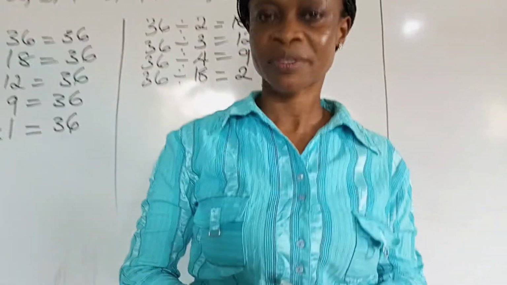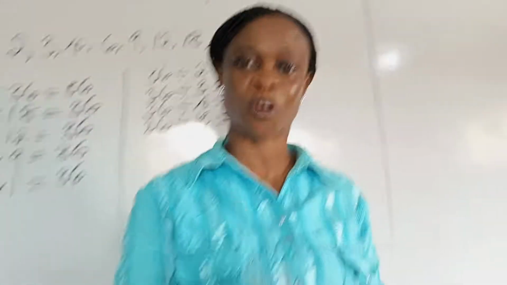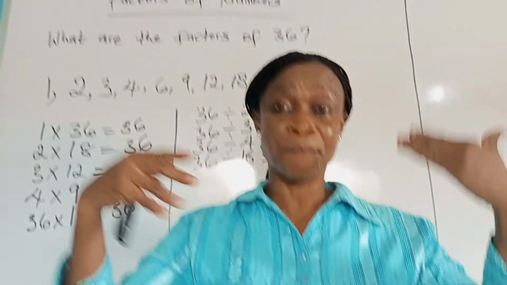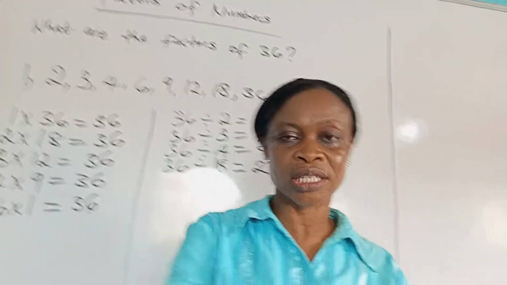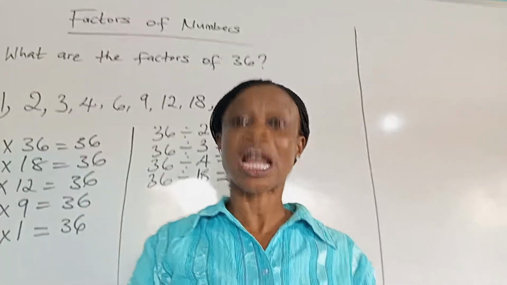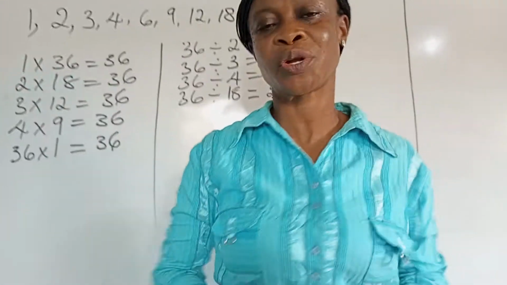How do I mean? Before I say that some numbers are factors of a particular number, it means that if I multiply those numbers with other numbers within the same set of numbers, I should be able to get the number in question as their product.